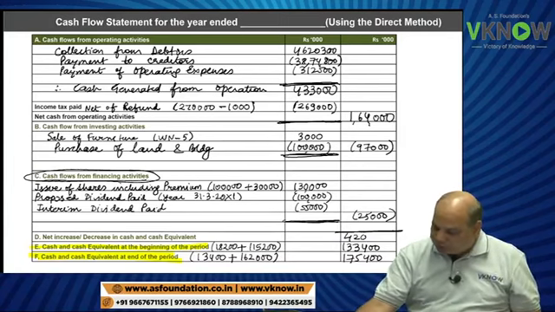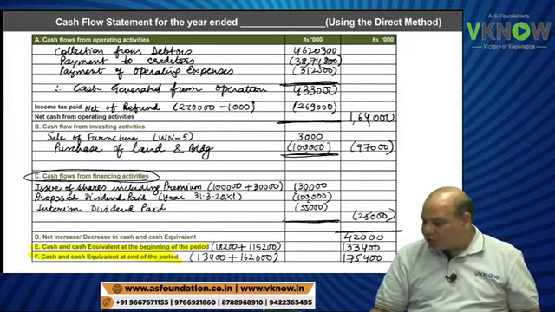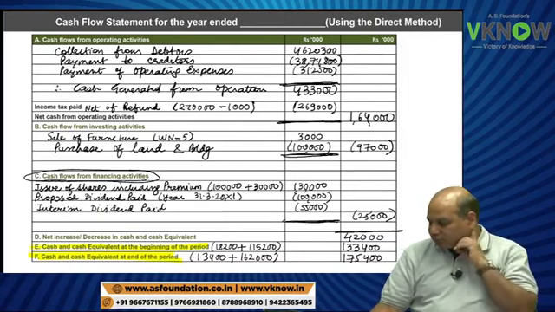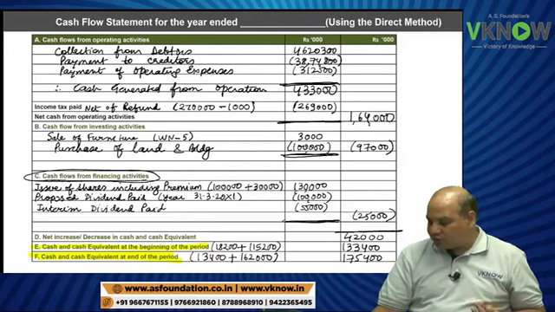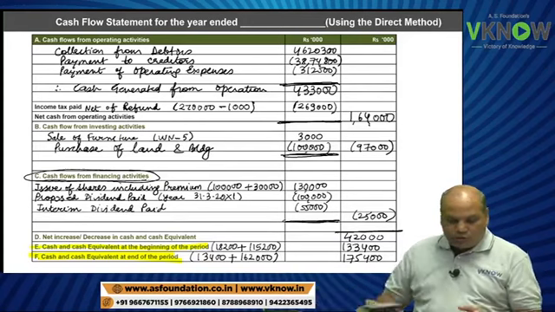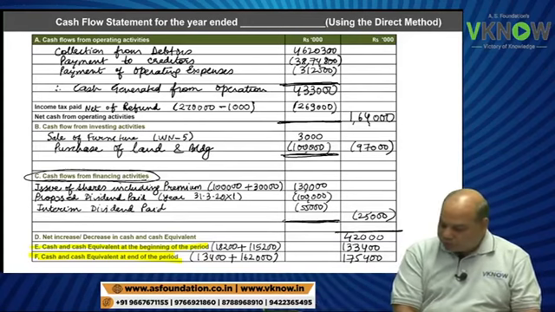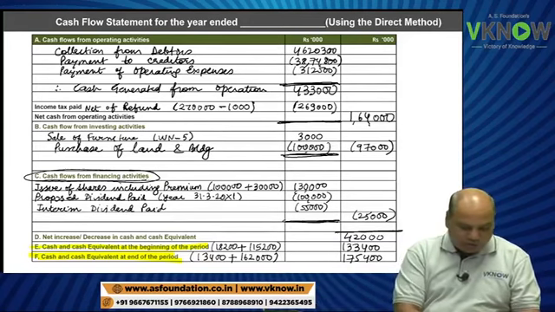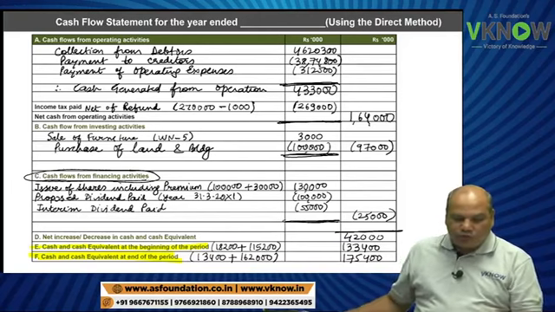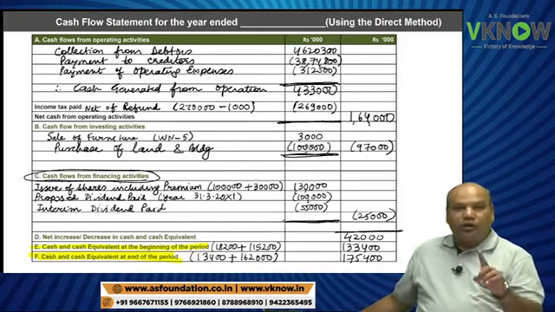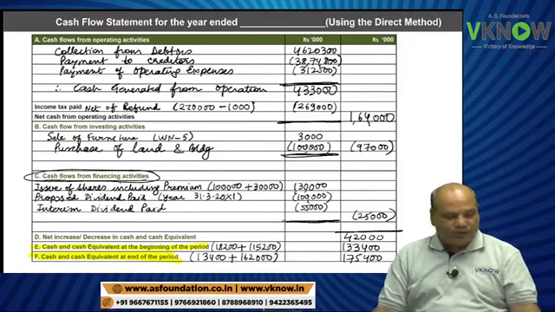Jan is saying 42,000. 42,000 seems to be right because the total is telling. Okay. So this answer is over.